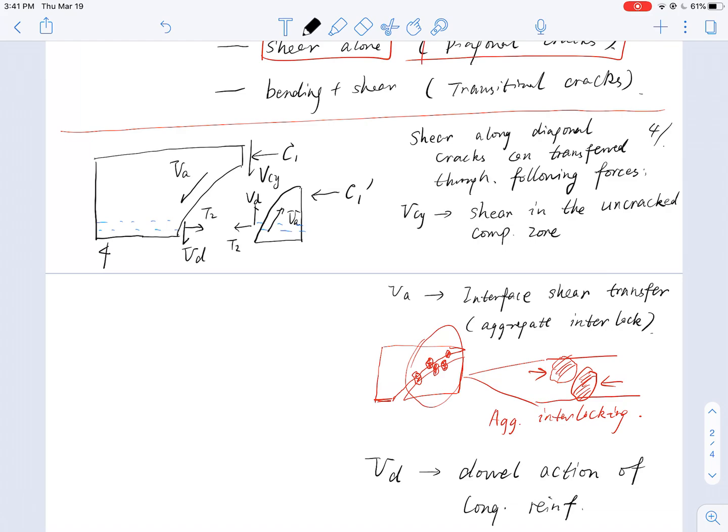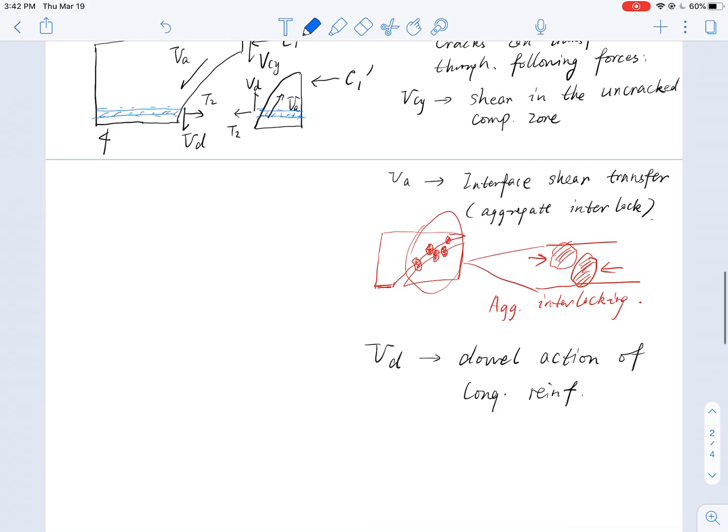Now this is the shear stress transfer diagram without stirrups, or web reinforcement. So basically I have concrete and I have longitudinal bar to provide a shear force.